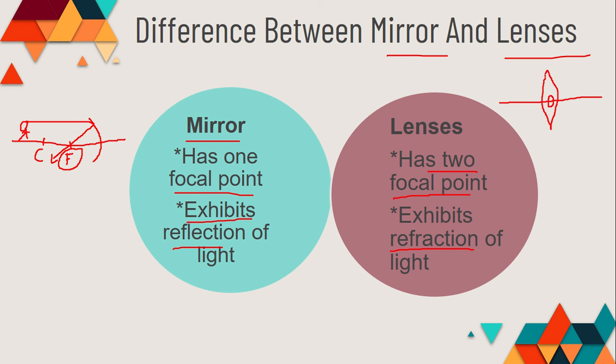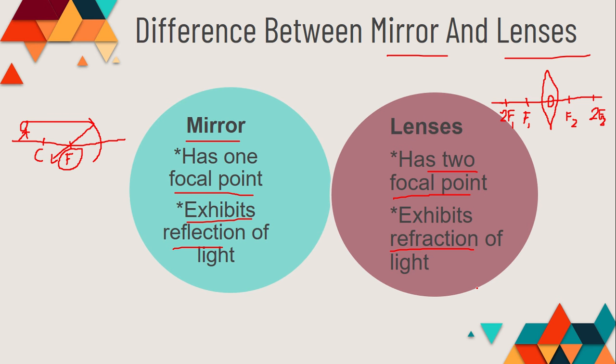Meron tayo dito tinatawag na 2F, or twice the focal point. Then we have one focal point here, and on the other side you have 2F2. Sometimes you use 2F2 to represent the image, para hindi siya nakakalito. Dito naman 1.